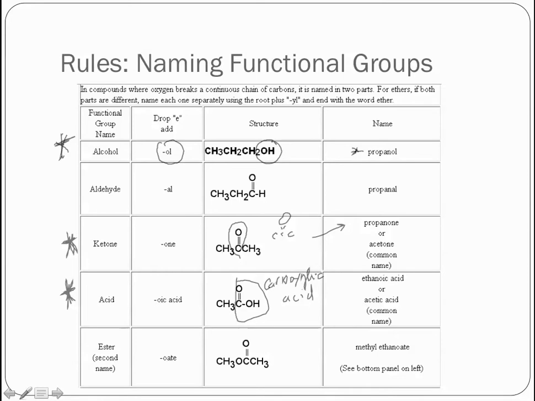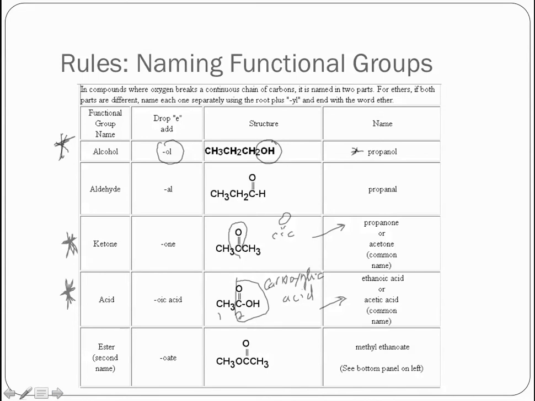The same rules apply. You name by the number of carbons, so 1, 2, this is ethane. We drop that because we have a carboxylic acid, and we put ethanoic acid. This is a common acid that you probably deal with on a regular basis. This is vinegar, or acetic acid, the common name, but the IUPAC name is ethanoic acid.